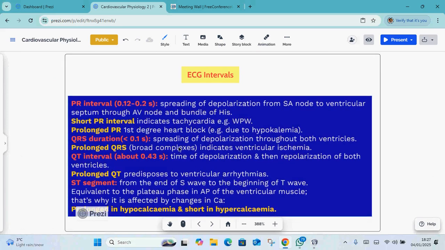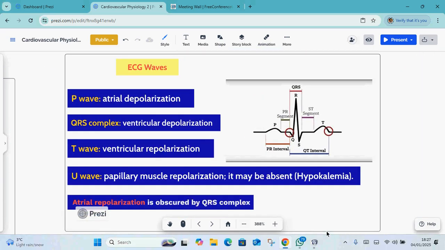So the intervals: there is PR interval, QRS interval or duration, QT and ST. PR, QRS, QT and ST. From the start of the P wave up to the start of the R wave, this is called PR interval.